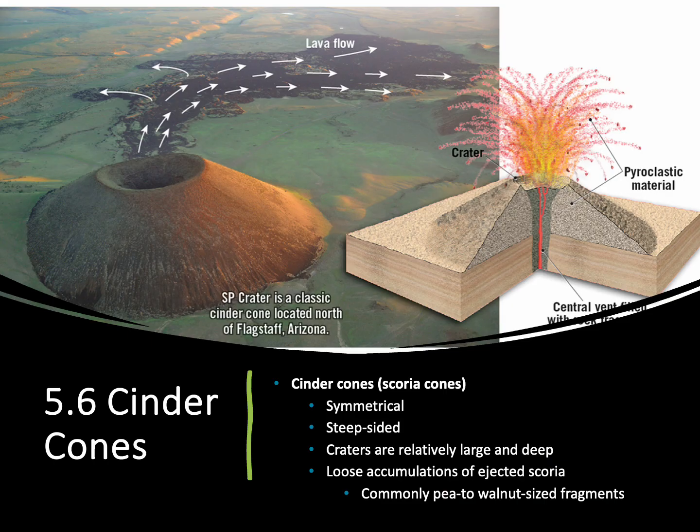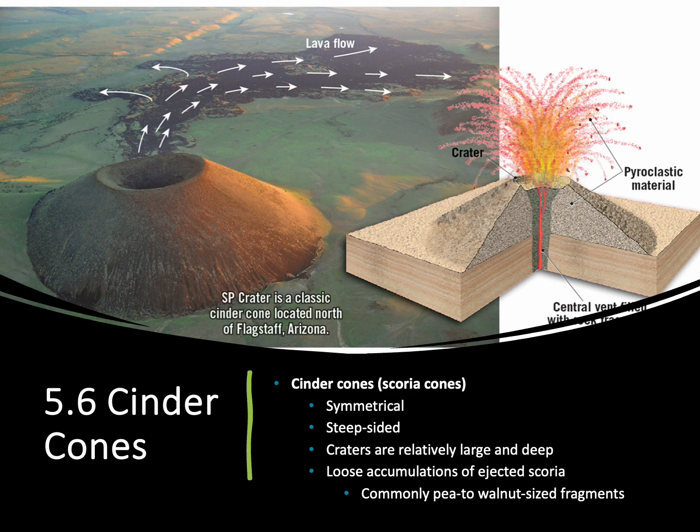On the other hand, we can have our second type of volcano, which is called a cinder cone. And if you look at the image, it looks totally different from the shield volcanoes that we talked about before. These cinder cones are going to be really steep-sided, and they're going to be symmetrical.